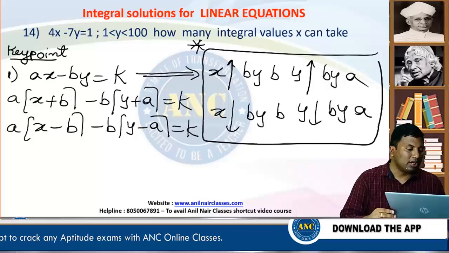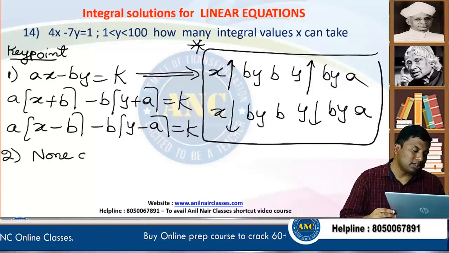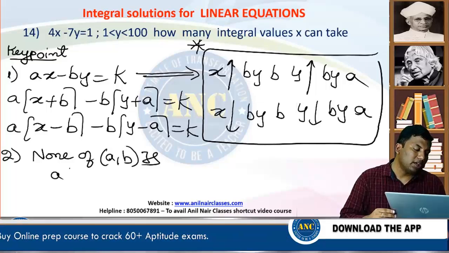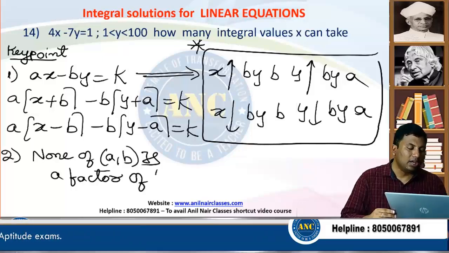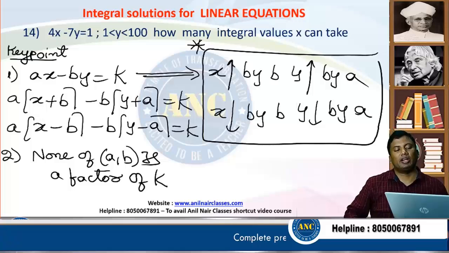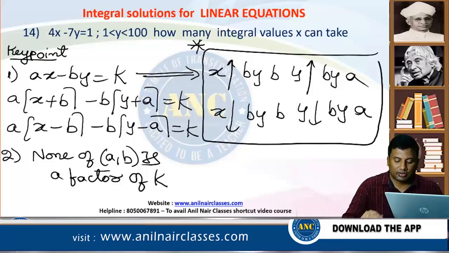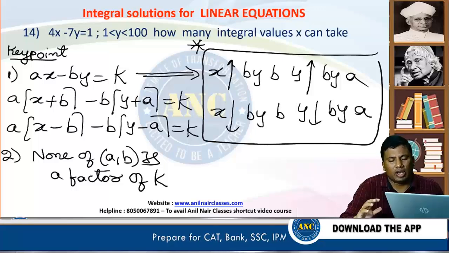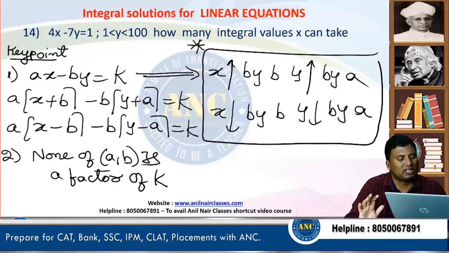Key point 2, none of A comma B is a factor of right hand side. 4 is not a factor of 1, 7 is not a factor of 1. Two cases. First, we will do a method, then we will use a unique answer option elimination approach.